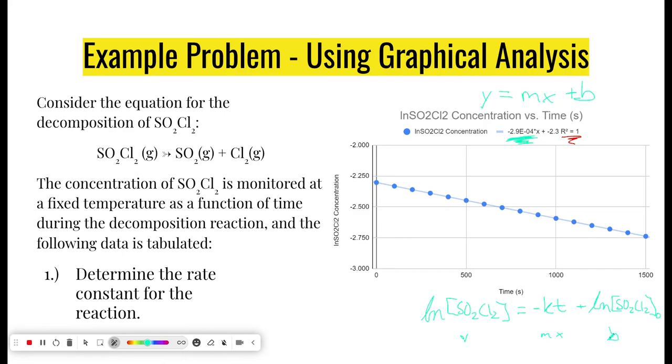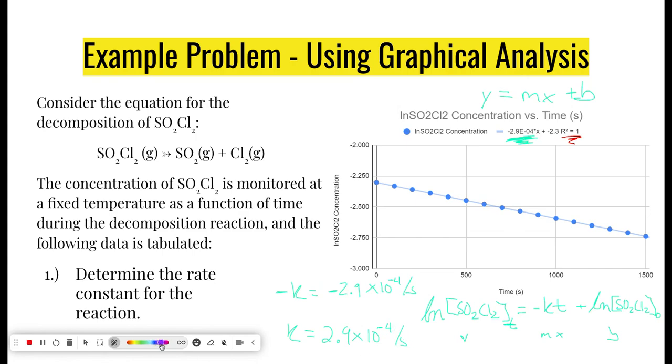So this would be the y-intercept. And of course, here, this is at time t. But nonetheless, as you guys can see, this value here, our slope, is negative k. So negative k is equal to negative 2.9 times 10 to the negative 4 per second, which means the rate constant would just be positive 2.9 times 10 to the negative 4 per second.